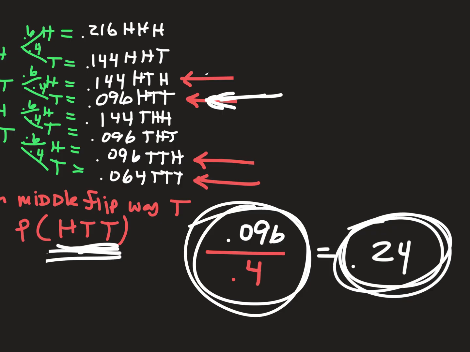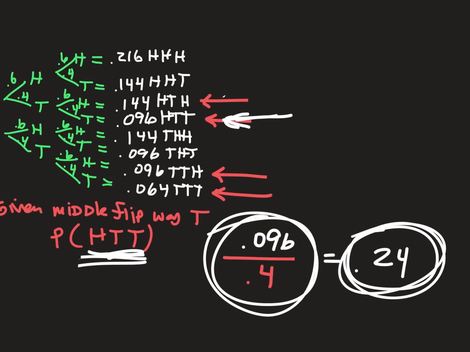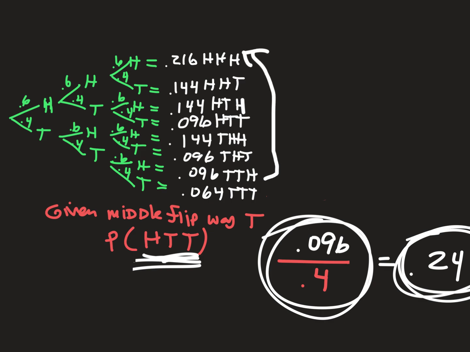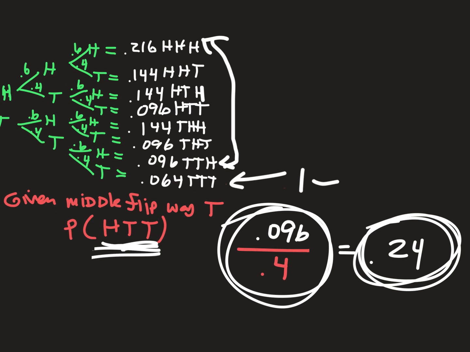So, figure out the smart way to answer that. What's the probability of at least 1 heads? Well, all of these, or 1 minus that one.